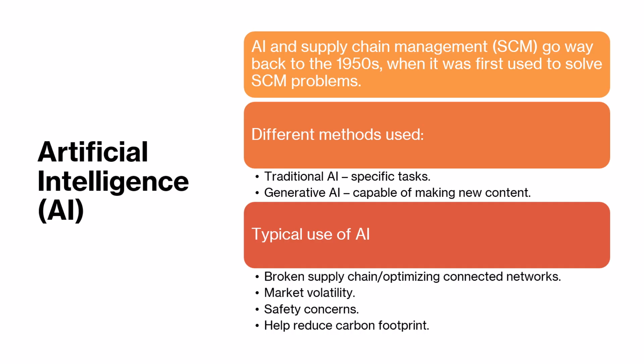AI can take data from the current day and use it to predict future models, whether it's for market volatility or for other aspects, but it can use that data to create very accurate models for what the AI believes will happen. It can be used for safety concerns for drivers, truckers, or even warehouse workers, making sure everybody's doing everything to the best of their ability.